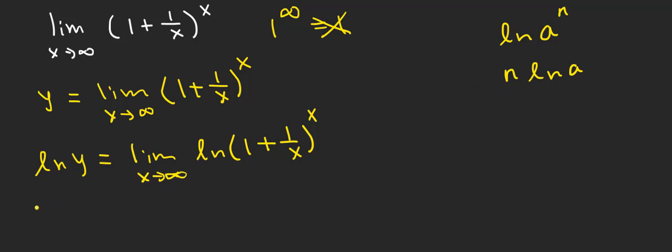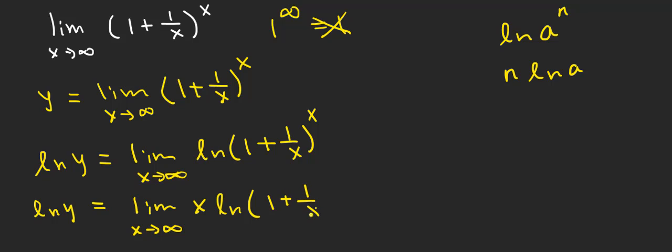So natural log of y is limit as x goes to infinity of x natural log of 1 plus 1 over x. Okay, using the property of natural log. Now what happens when you plug in infinity? You get natural log of 1, which is like 0, times infinity. So you still get infinity times 0, which is another indeterminate.